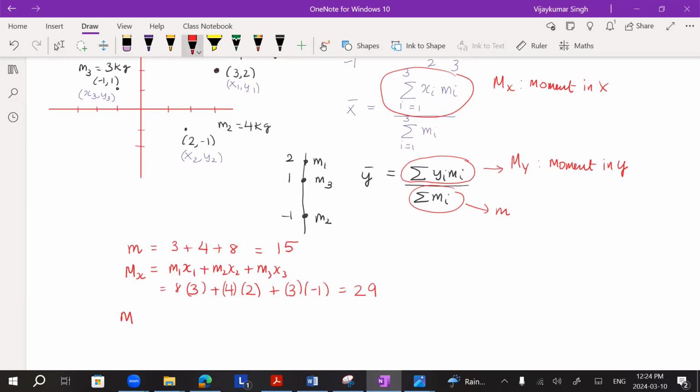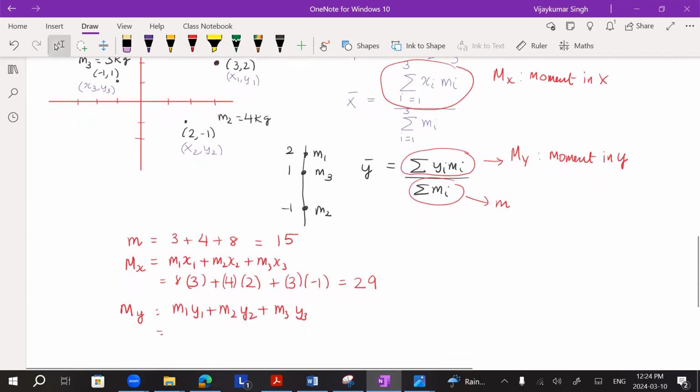Similarly, my is going to be m1 y1 plus m2 y2 plus m3 y3. So m1 is 8 kilograms, so 8 times 2. m2 is 4, so 4 times minus 1, plus m3 is 3, so 3 times 1.